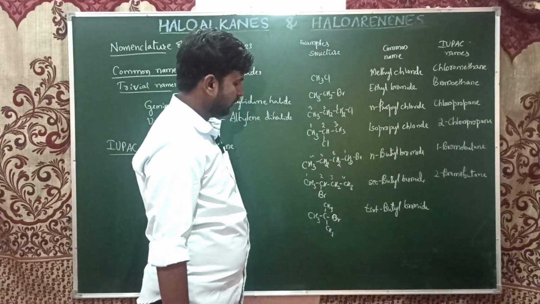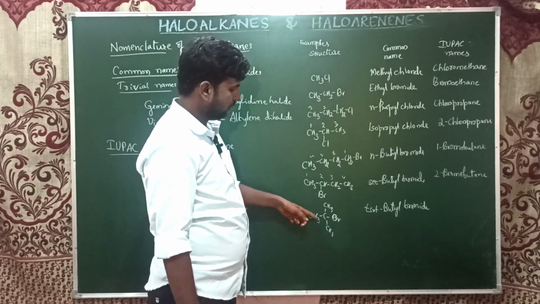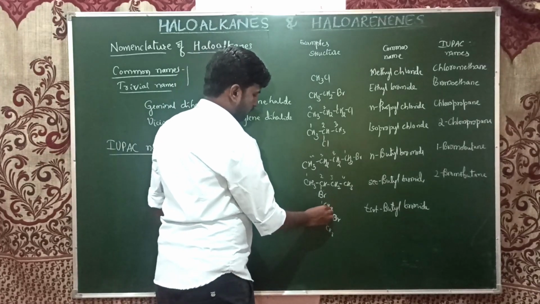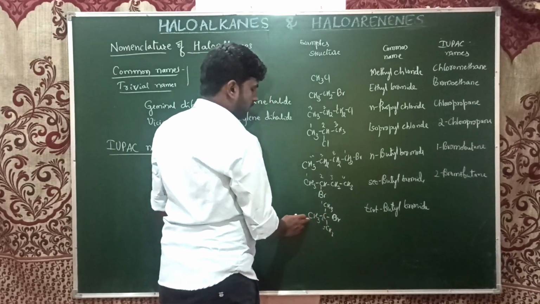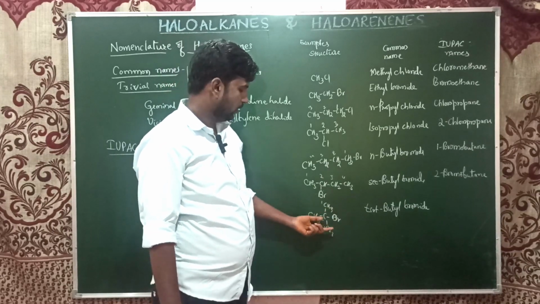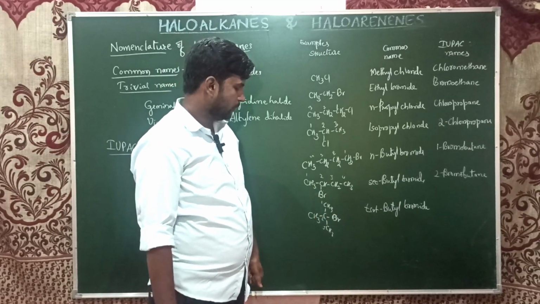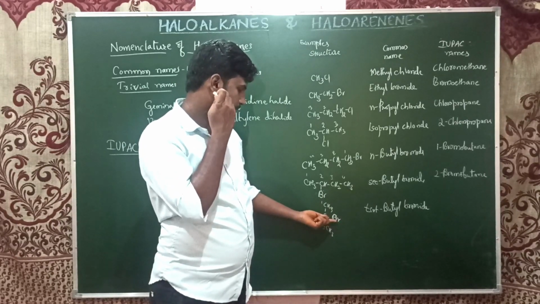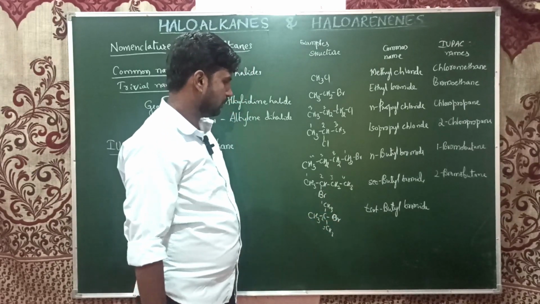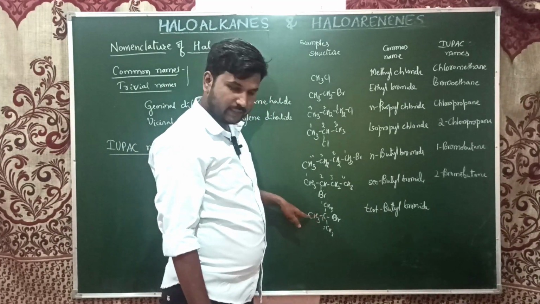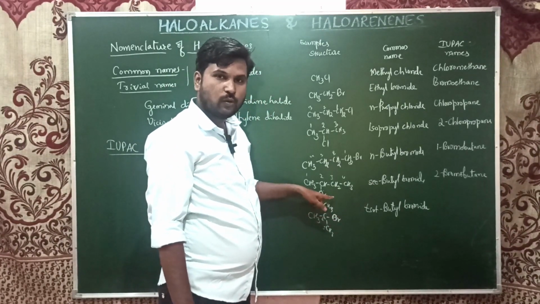If you write its IUPAC name, the longest continuous chain has only 3 carbons. So if you consider 1, 2, 3, this methyl group will be the side chain, and we also have a bromo substituent. So it is 2-methyl-2-bromopropane.